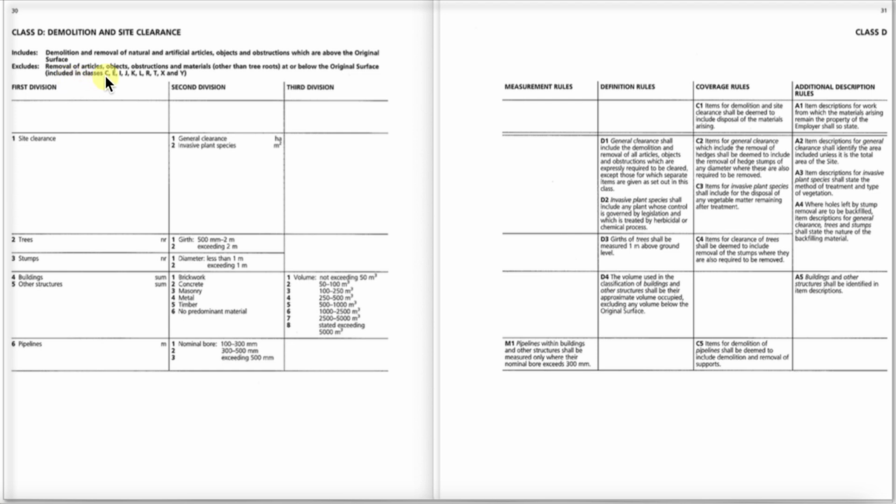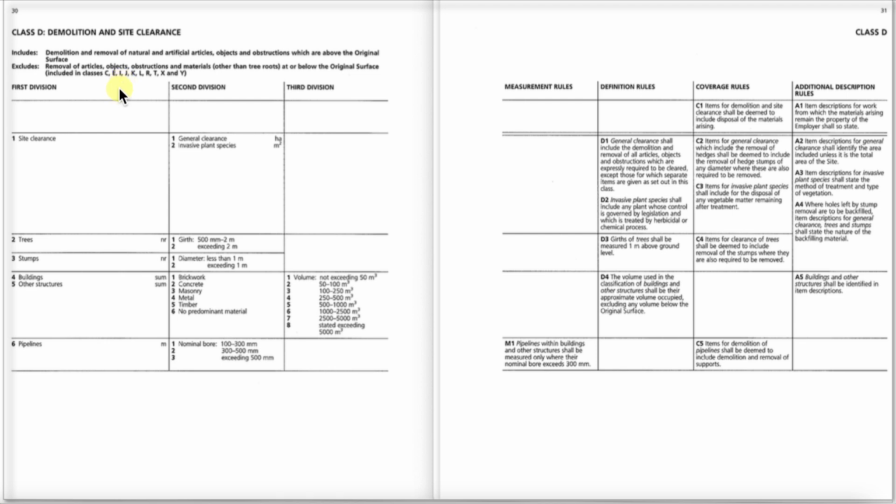Class C, which is earthworks. I is pipeworks. K is pipeworks. L is pipeworks. R is roads and pavings. T is tunnels. X is miscellaneous. And Y is sewers. So that's where stuff below the ground would be measured.